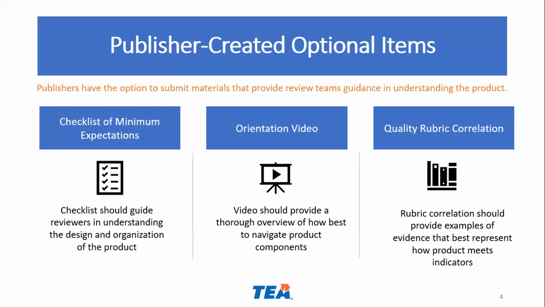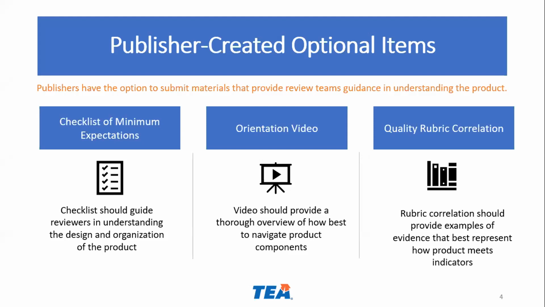The orientation video, which should be a thorough overview of how best to navigate the components. And then the third is the quality rubric correlations that were sent out last Friday. These are where a publisher might provide examples of evidence that best represents how the product meets the indicators. A publisher may submit all 3 of these or any combination. This is an optional component and not part of the requirement.